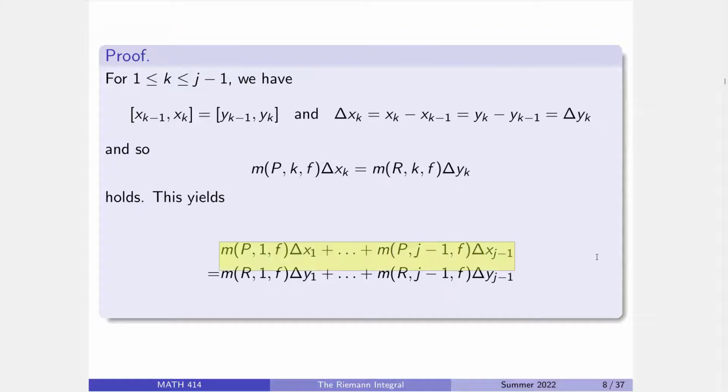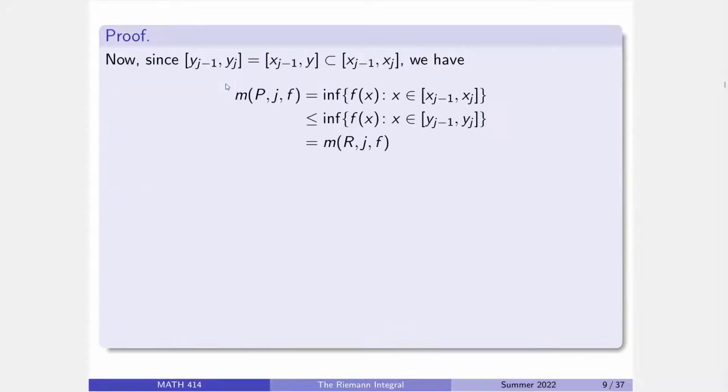So for 1 to j minus 1, when I add up my infimums times the length of the subintervals, I make my lower Darboux sum, nothing changes. They are identical. That's it. All right, so the interesting thing, of course, is what happens when we hit k equals j, right? That's where y shows up. Okay, and that's where the less than or equal to is going to come into play.